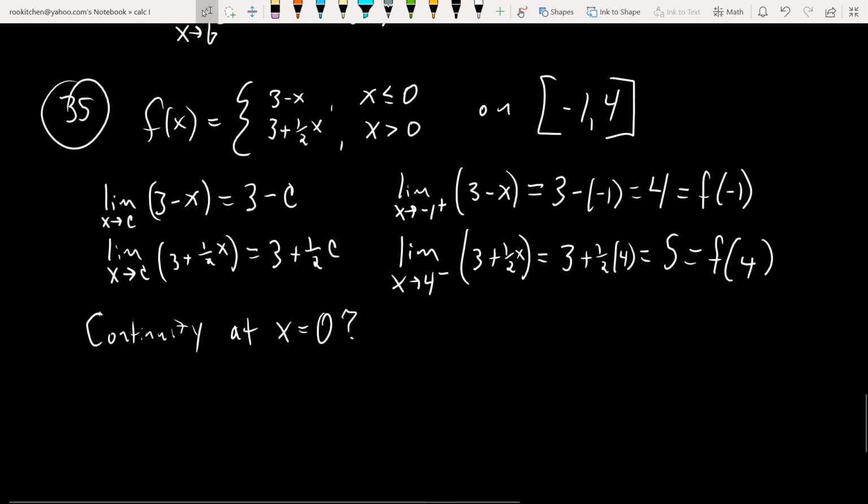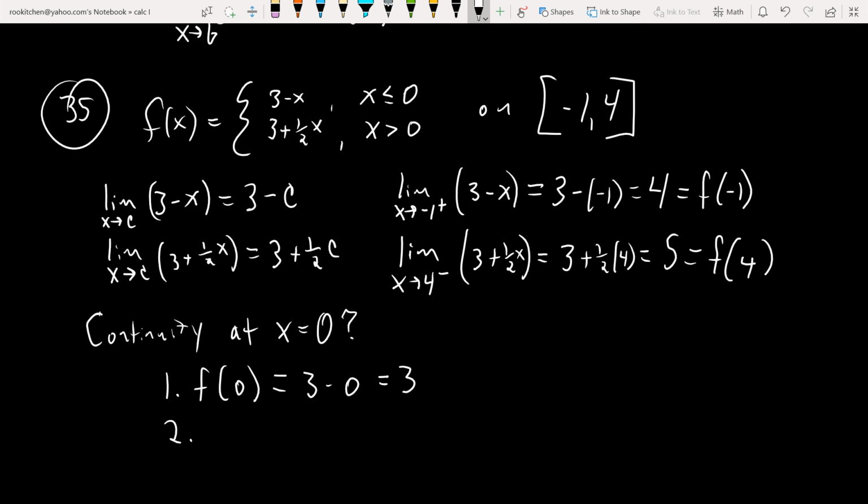What were the criteria? First, f of 0 has to be defined, and certainly when x is 0, it'll be 3 minus 0. So I'm on the first piece because x is less than or equal to 0. So it's defined. Secondly, I need this limit as x approaches 0 of f of x to exist.